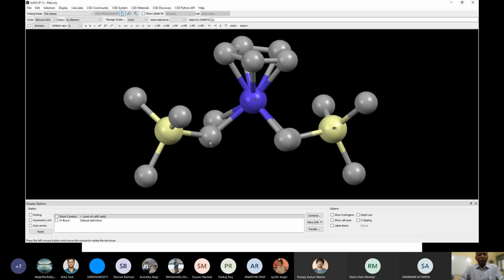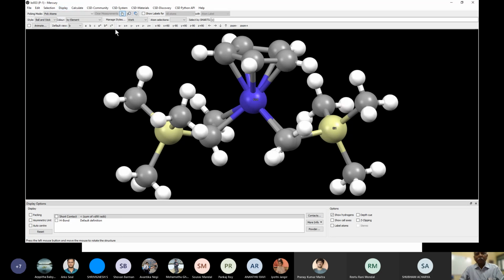So if I show the hydrogens, you can see very easily that these two hydrogens are coming close.